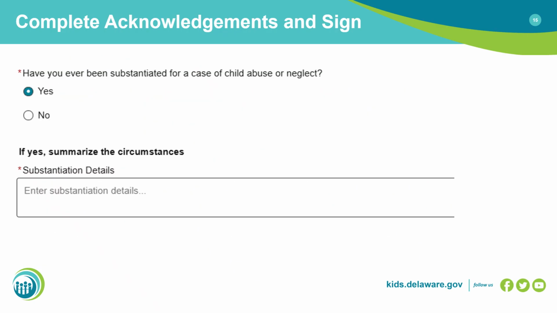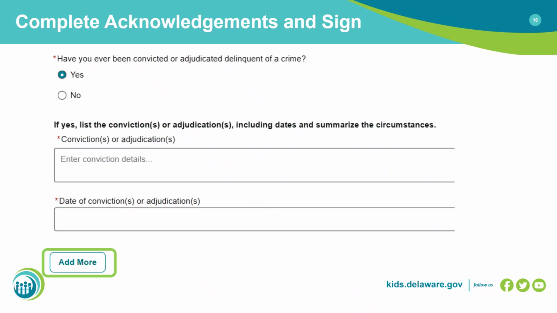Respond to the question, have you ever been substantiated for a case of child abuse and neglect? If you select yes, summarize the circumstances. Respond to the question, have you ever been convicted or adjudicated delinquent of a crime?